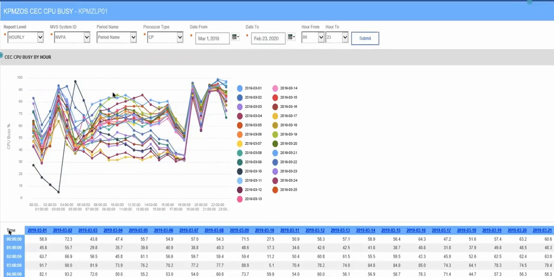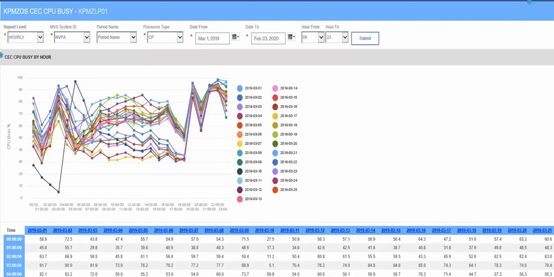So you can see that most of them follow a normal pattern, probably driven by batch workloads, but some have different patterns at different times. We might want to look at why that's occurring, and then by selecting that particular individual day, we can then start to look at that day in more context and understand what actually happened on that day.